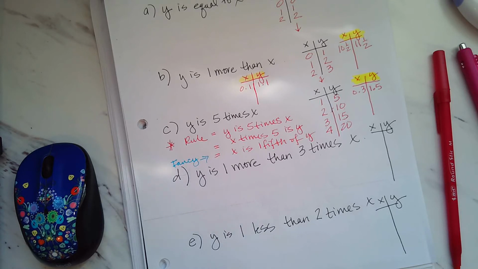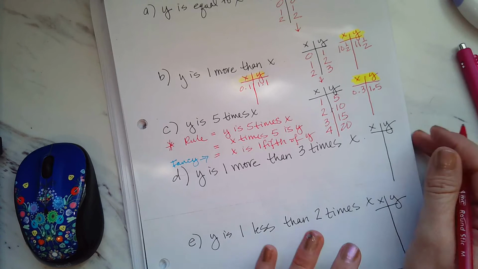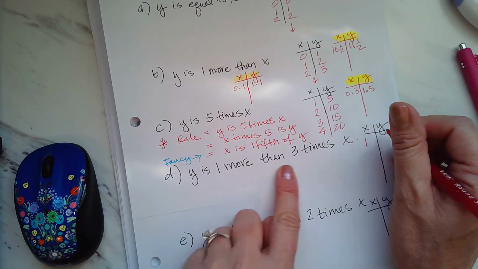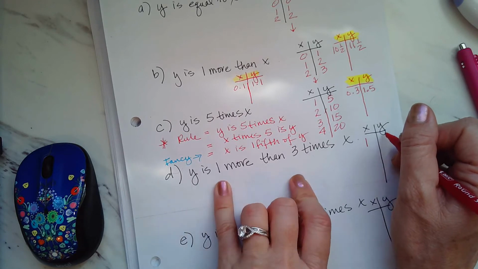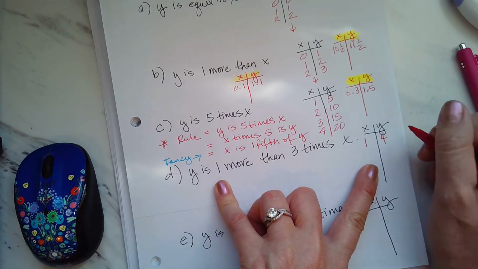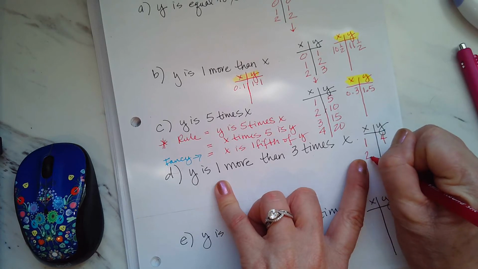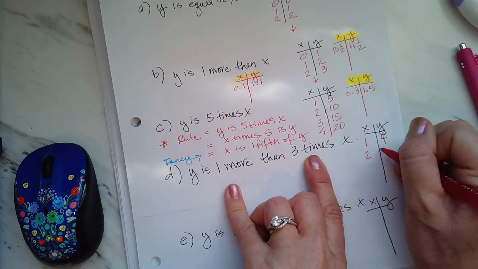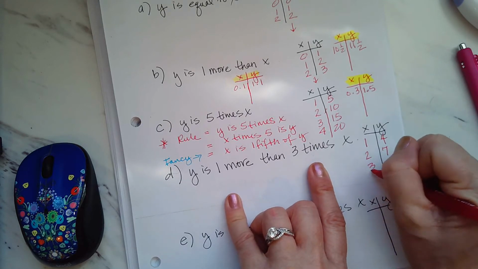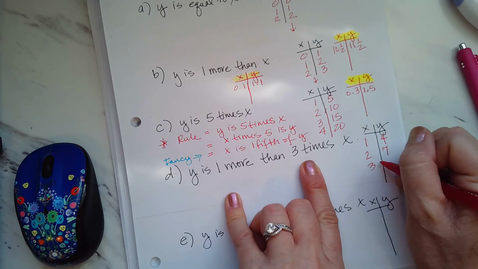So let's just start with 1. And Y has to be 3 times plus 1 more. So 3 times plus 1 more would be 4. What would 2 be? 2 would be 3 times plus 1, 7. 3. 3 times 3 plus 1 is 10.